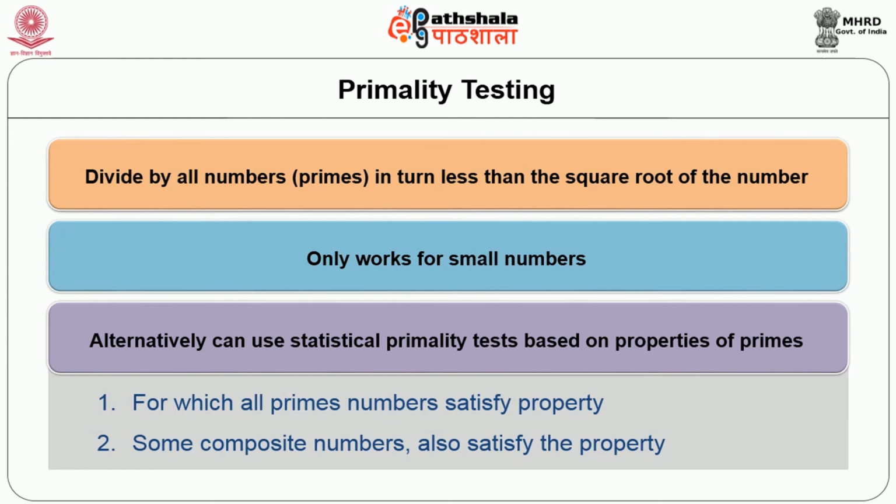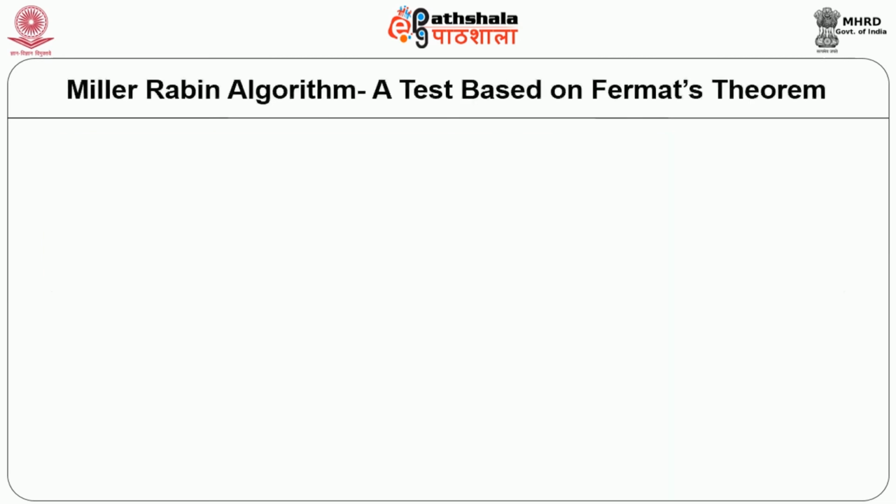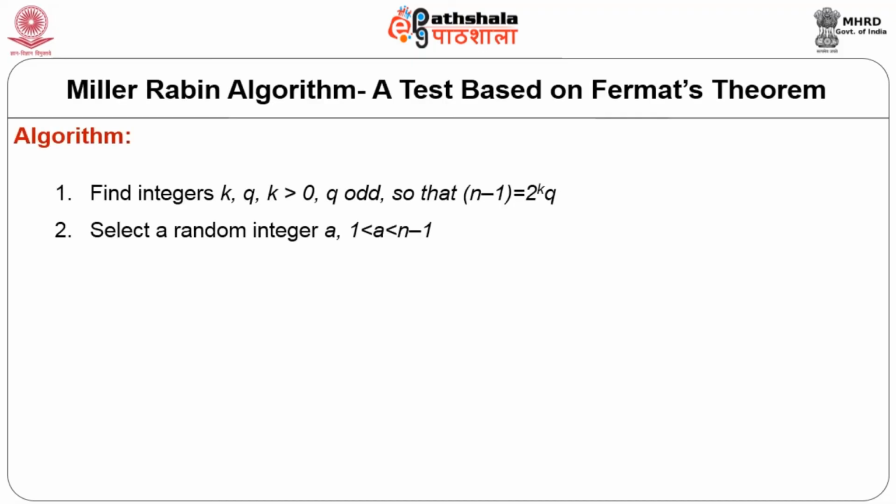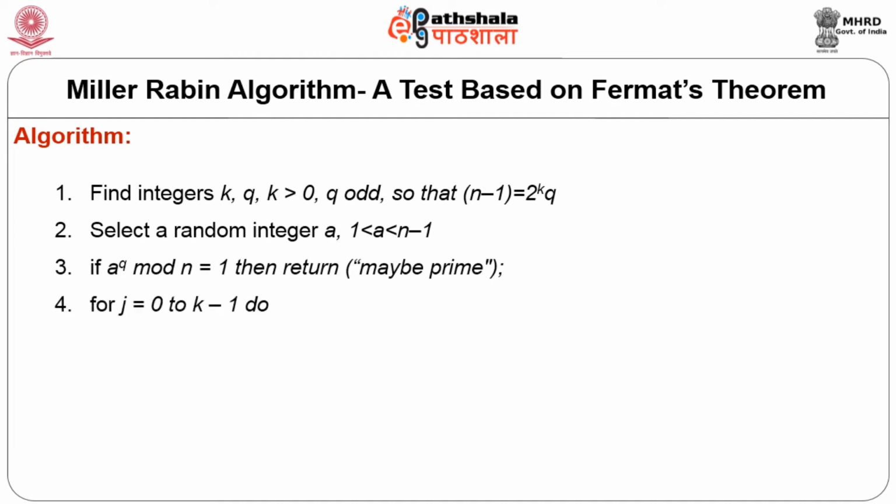What we'll do is repeat this algorithm for many numbers, or at least 3-4 iterations, and then if the number is proved to be prime each time, we will be sure that the number is prime. This algorithm is called the Miller-Rabin algorithm. It is based on Fermat's theorem. We will start the algorithm by feeding n. N is the number whose primality we want to check.